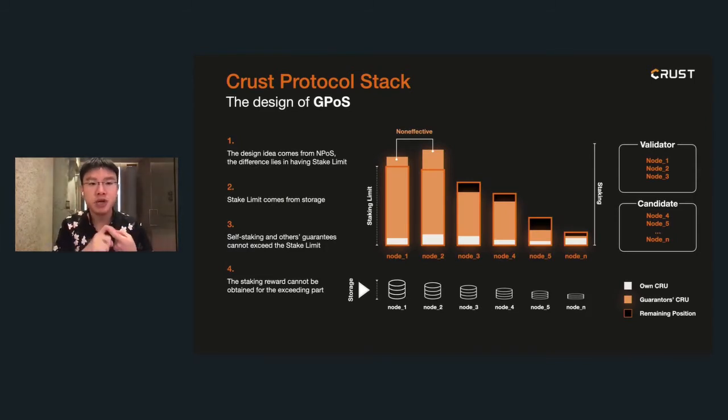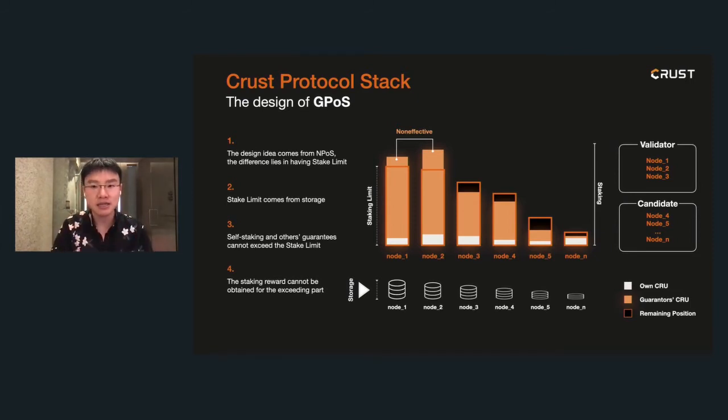As for the GPOS, generally speaking, each node's storage volume will transfer into the stake limit. Of course, the GPOS design idea is derived from the NPOS, but with the stake limit. The stake limit comes from the node's storage volume. Also, the node's self-staking and other guaranteed staking cannot exceed the stake limit.